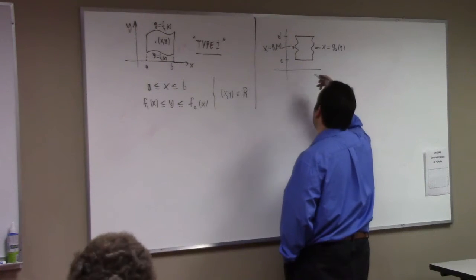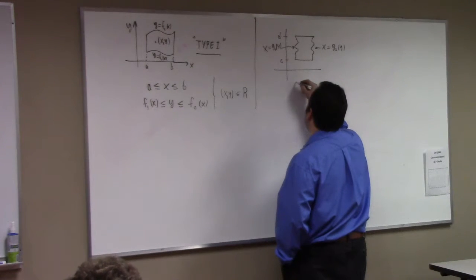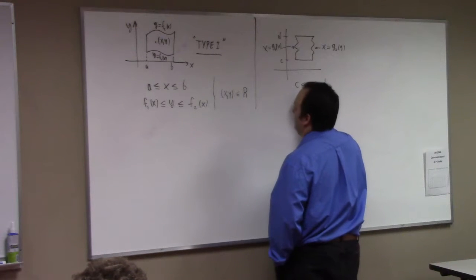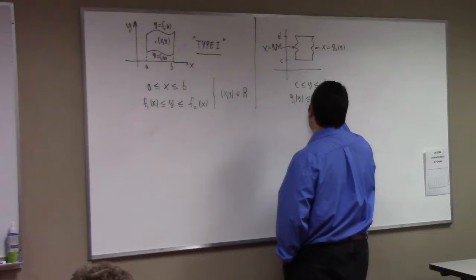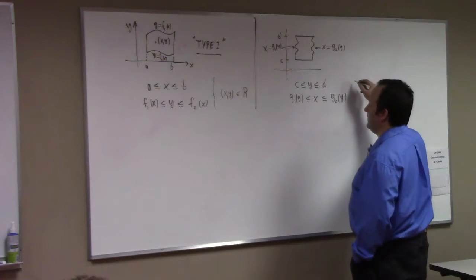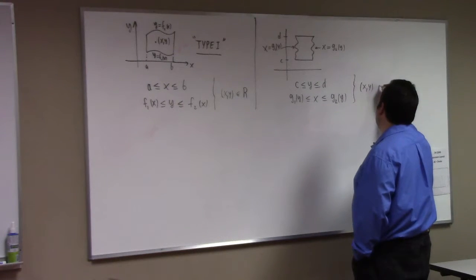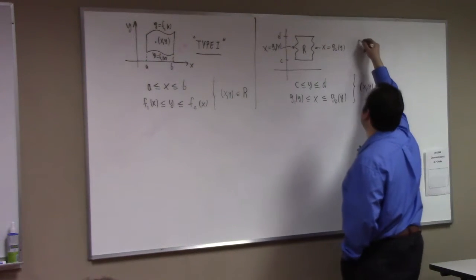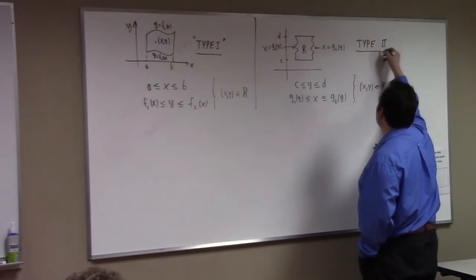And we have the following inequalities met for any point x, y in this region. In particular, c less than or equal to y less than or equal to d. And we also happen to have that g1 of y is less than or equal to x is less than or equal to g2 of y. This pair of inequalities are the necessary ingredients to be counted as an element of the region R. All right, this is a type 2 region.